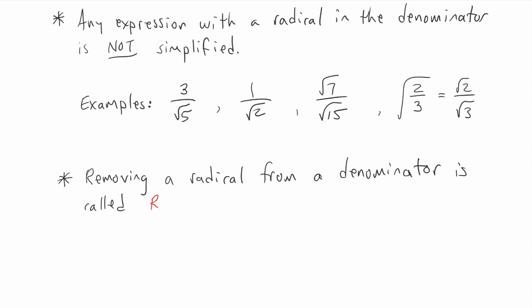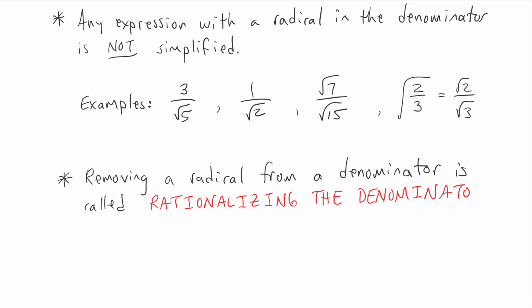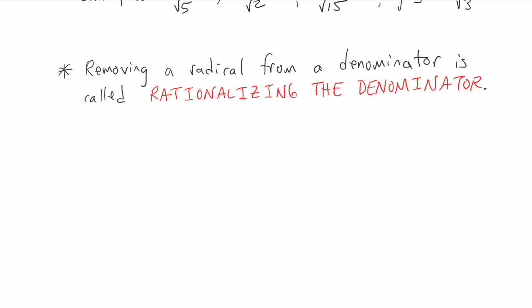It's called rationalizing the denominator. So anytime you hear somebody say, you need to rationalize that denominator, or did you rationalize the denominator, or the directions say rationalize the denominator, what they're telling you is you've got radicals in the denominator and you need to remove them from the denominator. So that'll actually be the first thing we practice.